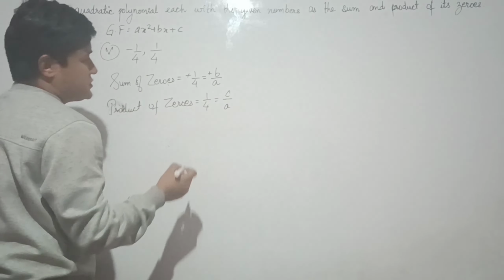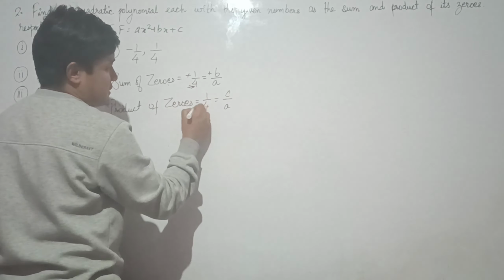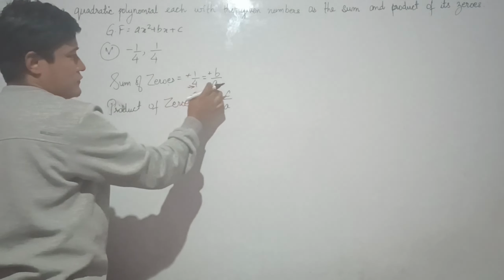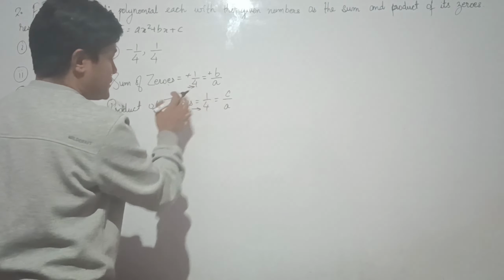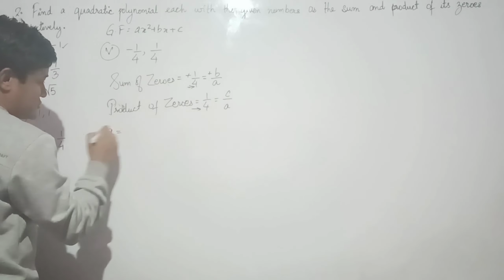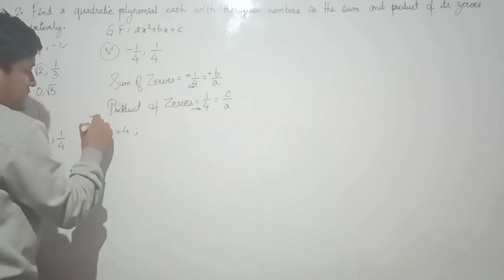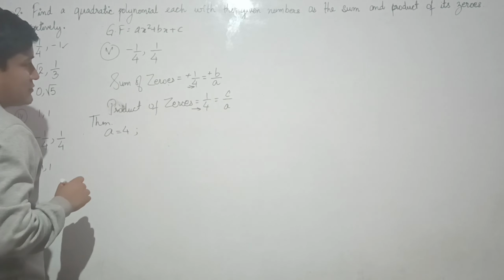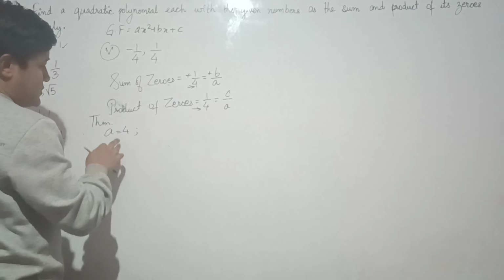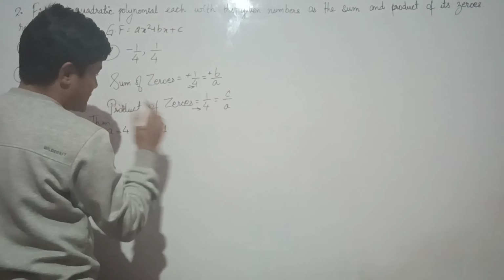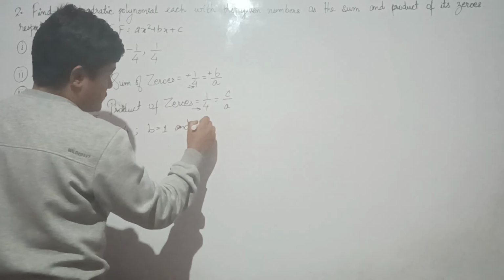Now in this equation we can clearly see that the denominator is 4 and the other denominator is also 4. So we can take a equals to 4. Then we do not need to guess. So if a equals to 4, b equals to 1, since minus minus got cancelled, and c equals to 1.